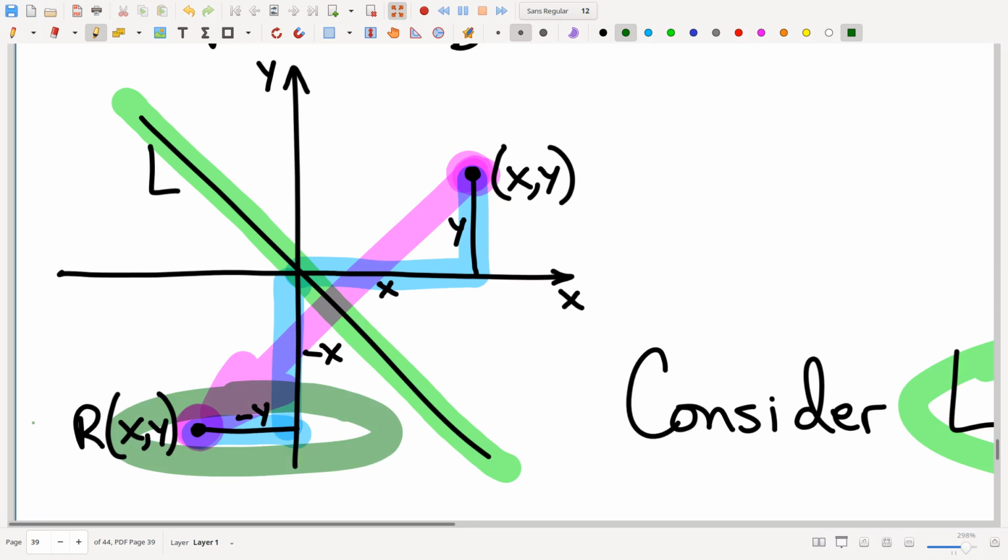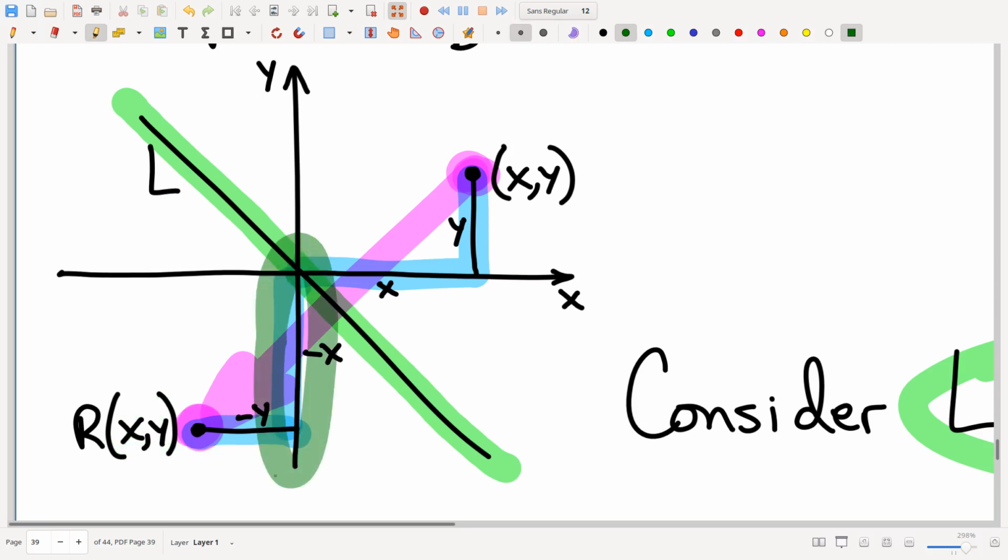The first coordinate of my reflection, the horizontal coordinate, I can see it right here. It's minus y. And then the vertical coordinate of my reflection, again, I can see it right there. It's minus x. Everybody see that? It's a nice little hack.